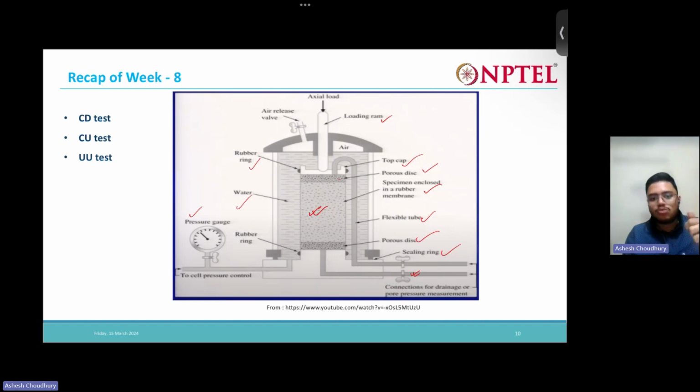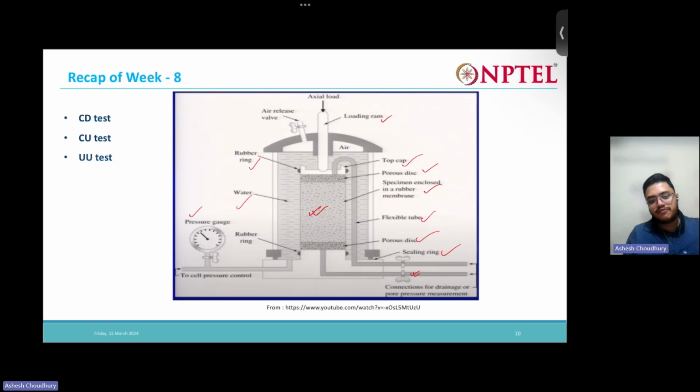If those valves are closed, that means you are not allowing drainage to happen. So what will happen? Pore pressures are going to get generated in the soil sample, right? But you are not allowing drainage, so consolidation also won't happen.